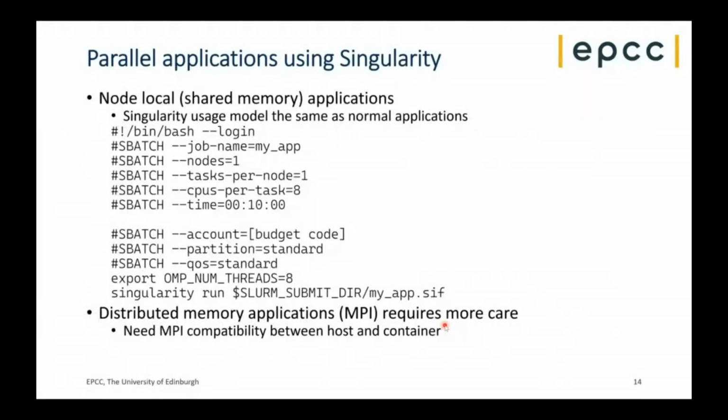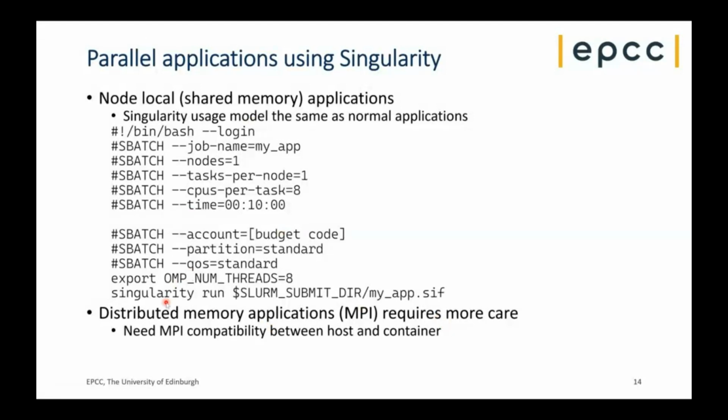So this is an example of how I can run the containers on a compute node. Now this changes whether you're running it across multiple nodes and need to use the network, or if you want to use it inside a single node.